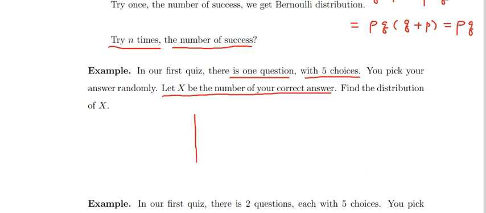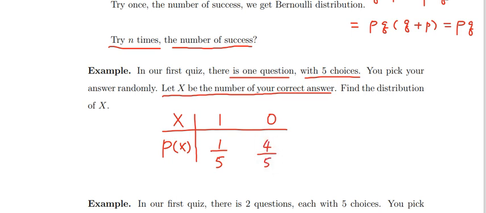This x can be 1 correct or 0 correct. What is the probability you get the correct answer? That's 1/5, right? And not correct is 4/5. So here 1 and 0 mean you pick a correct answer or you pick the wrong answer.